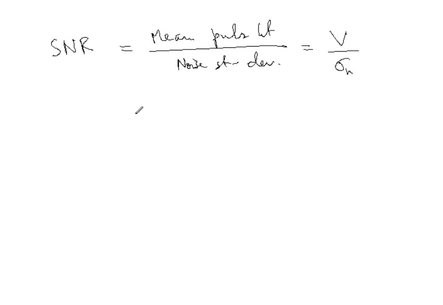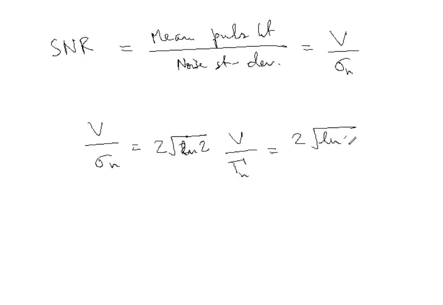Or we can write V by sigma n is equal to 2 ln2 V by this gamma due to noise, or we have 2 ln2 divided by R, where R is given by the previous expression we talked about before.